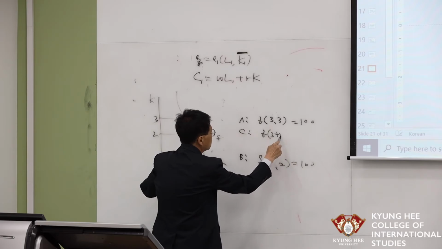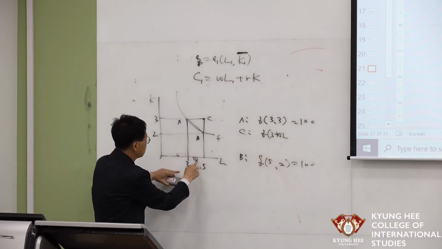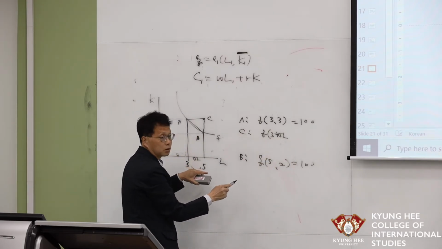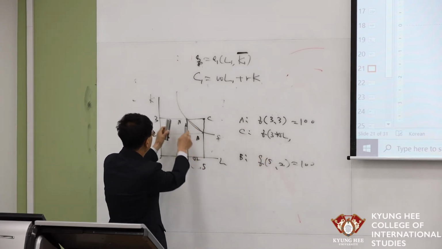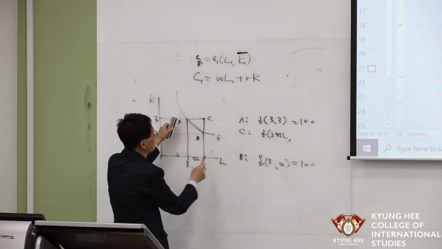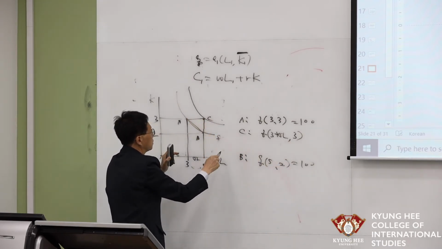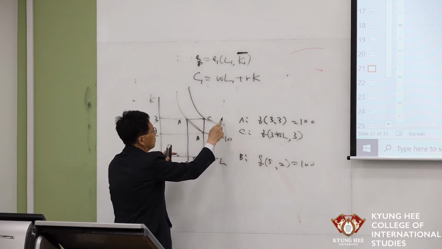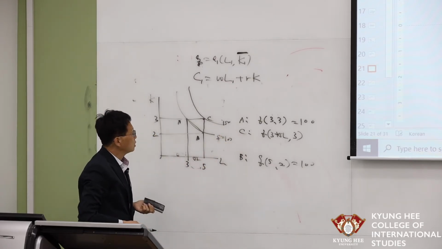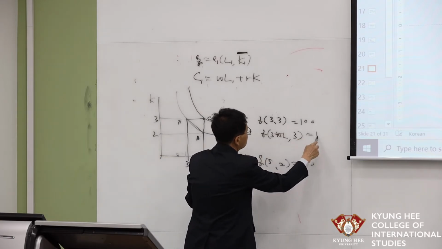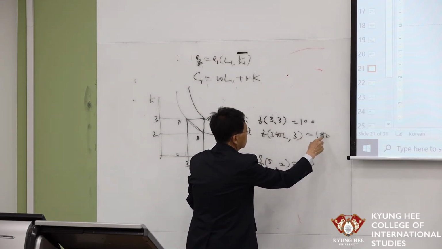So 3 plus change in L. Labor increased by 2 units, 5 labor, and held capital input constant at 3. Then you can cook more pizza than before. That is 100, but for example, that is 150, right? Then you produce 150, isn't it?